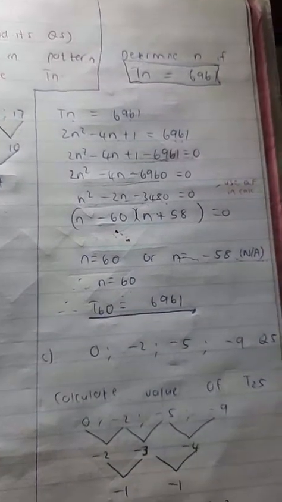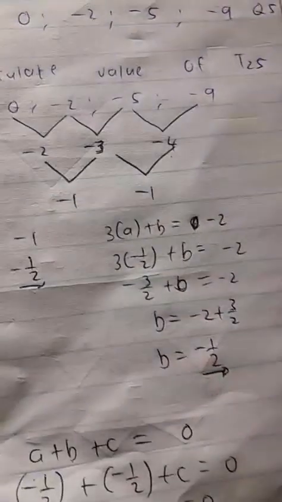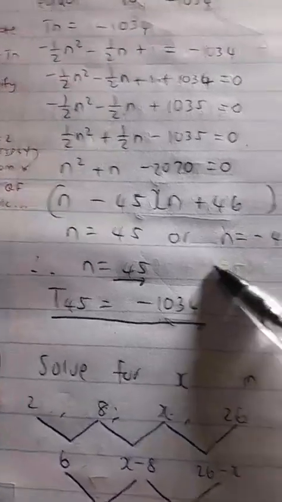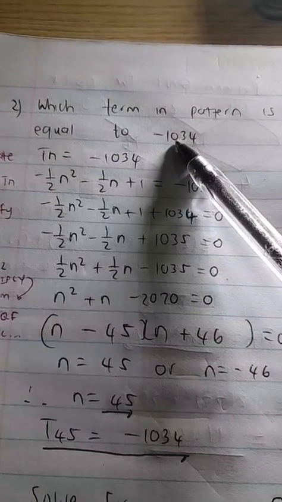Very important. Okay, guys, C as well, C1 and C2, same sort of drill. You were first asked to find the general term, then find a certain value of the term, and then last but not least, you were asked to find which term in the pattern is equal to minus 1,034.